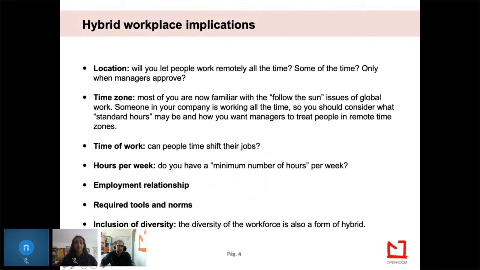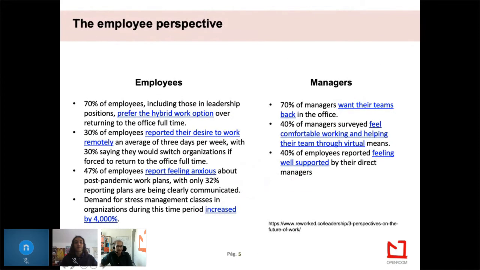So there is a lot of literature and a lot of information about how the hybrid model works. But I also found some employee perspective that I find really interesting in this link. 30% of the employees reported that they desire to work remotely on average 3 days per week.